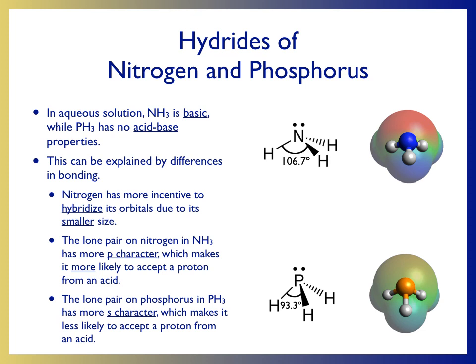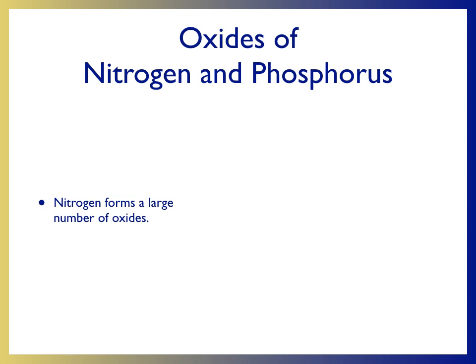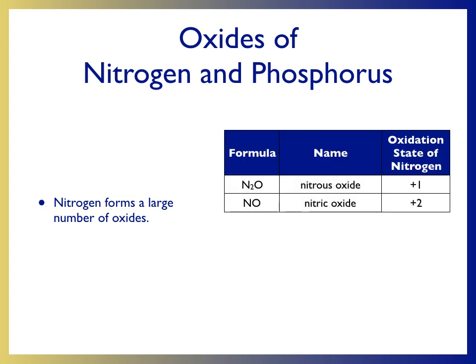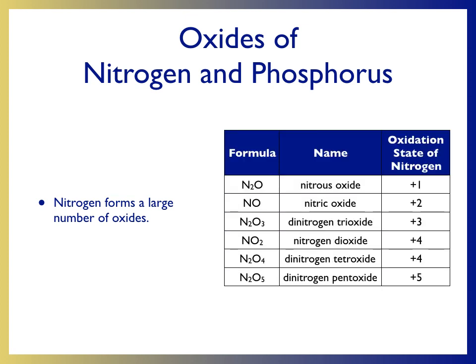Now let's look at the oxides of nitrogen and phosphorus. And mainly here, we're going to take a look at variety. Nitrogen, as you remember, has a lot of different oxidation states, meaning it's going to form a lot of different types of compounds with oxygen. There are several oxides of nitrogen that exist.